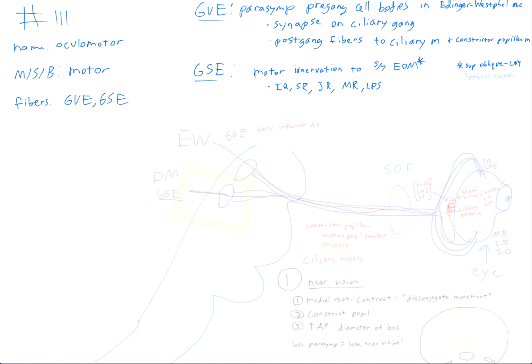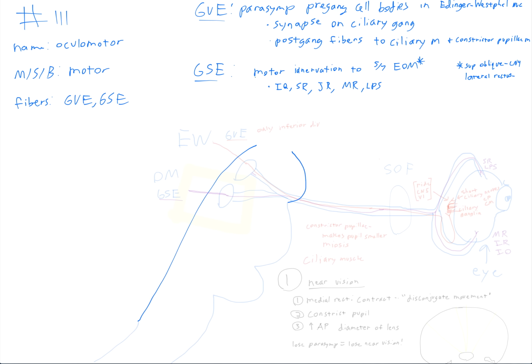So we've got two sets of fiber types. That means we've got two nuclei. You've got the Edinger-Westphal, which is going to house your GVEs, and then you've got the oculomotor nucleus. The oculomotor nucleus is going to house your GSEs. So these are where the cell bodies of each of these fiber types live.